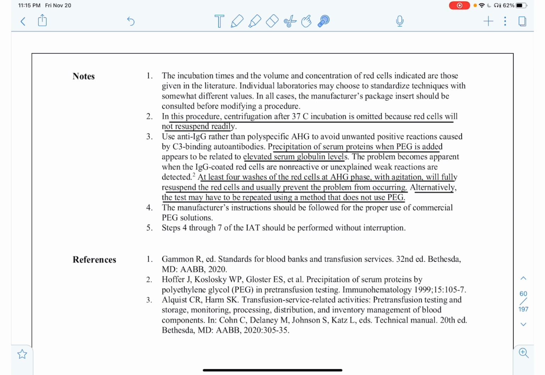We're actually looking for reactivity in the reference lab, whereas in the hospital you might not want to use the most sensitive method all the time. So we may, after PEG, use solid phase, gel, or ficin-treated red cells to enhance the antibody-antigen interaction.